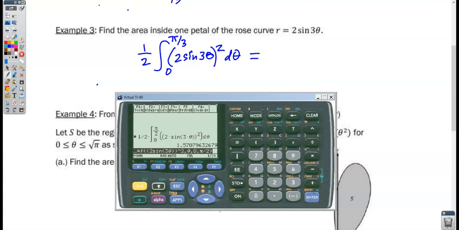Punch it in, and we get 1.571. Wait a second. Did I just do pi over 2? That should have been pi over 3. Whoops. Let's try that again. Oh, how about that?